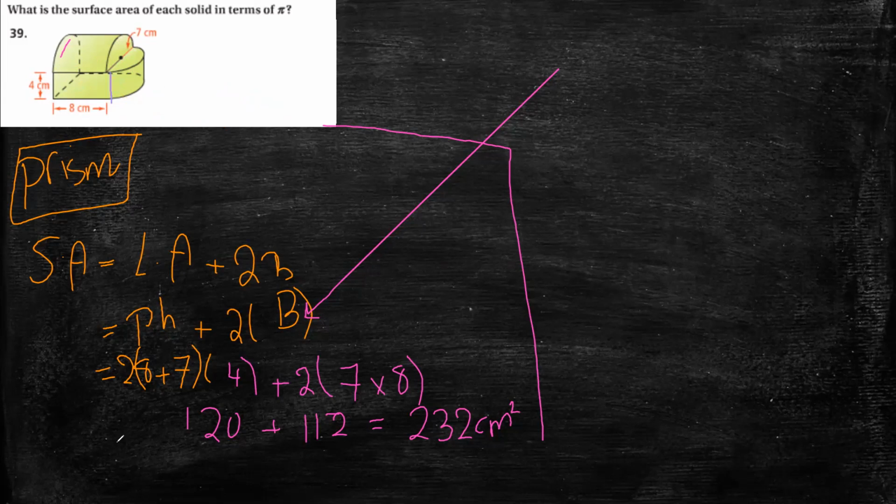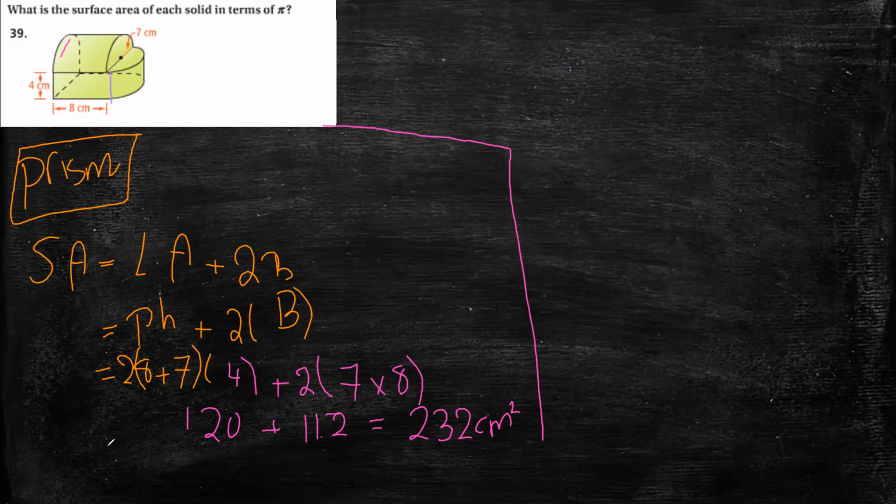Now, for this half of the cylinder, we said that we need to find, now look at the cylinder here. As you see, it is a cylinder, and this cylinder is combined with the prism.